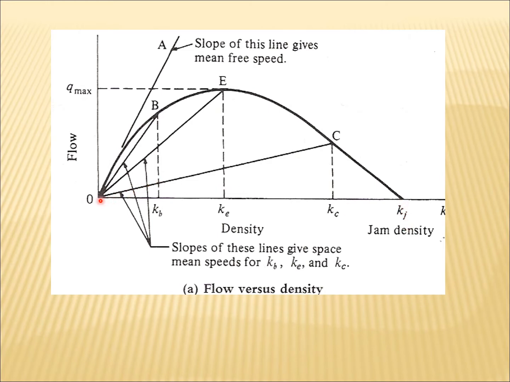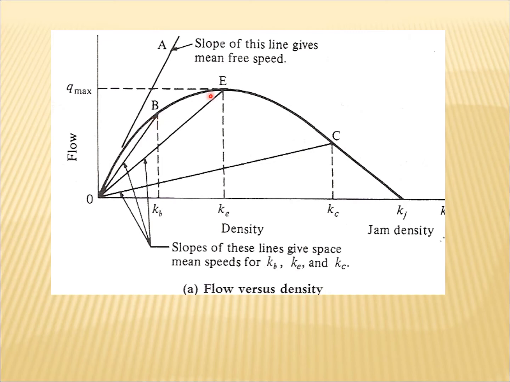Now if you draw the tangent over here, the slope of this line will give you the mean free speed. If you join this point B to the origin, the slope of this will give you the space mean speed at this point.